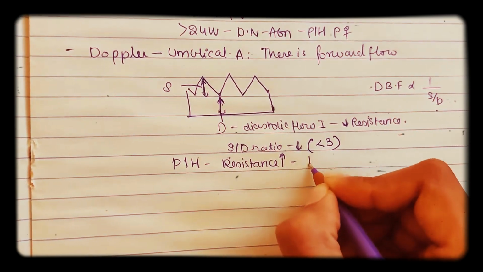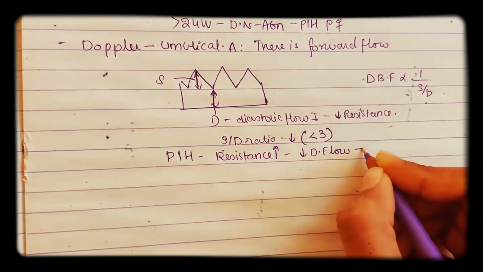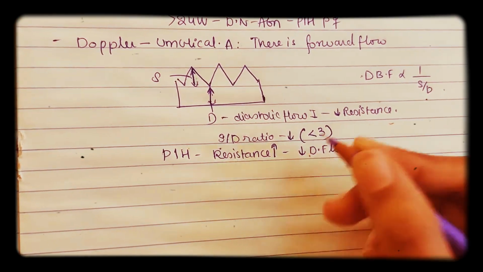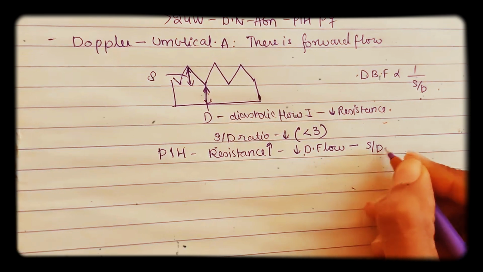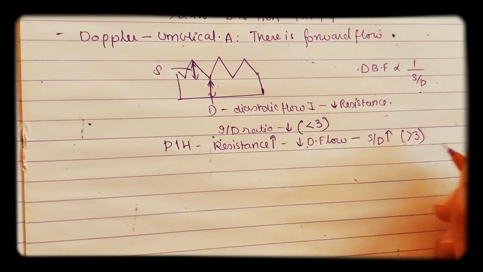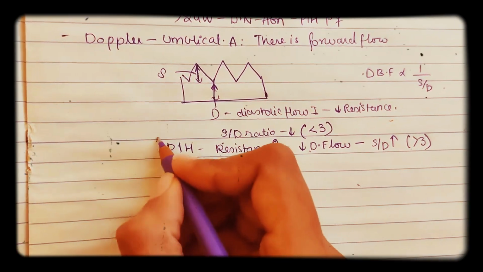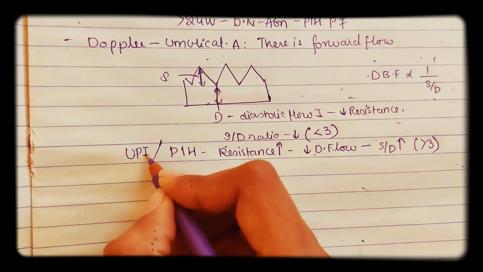When the resistance is more, there is low diastolic blood flow. When there is low diastolic blood flow, I already said this is inversely proportional to S by D, so S by D increases in this case, that is greater than 3, right? So this is very important regarding PIH or uteroplacental insufficiency.